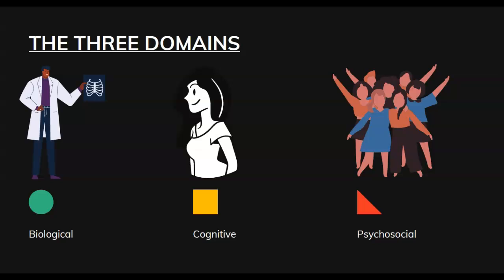Now, the individual is developing as a whole, right? But we can study development through 3 domains, right? And these tend to be the areas where development happens. But again, they're not necessarily exclusive, right? So biological development is referring to things like physical development, all right?